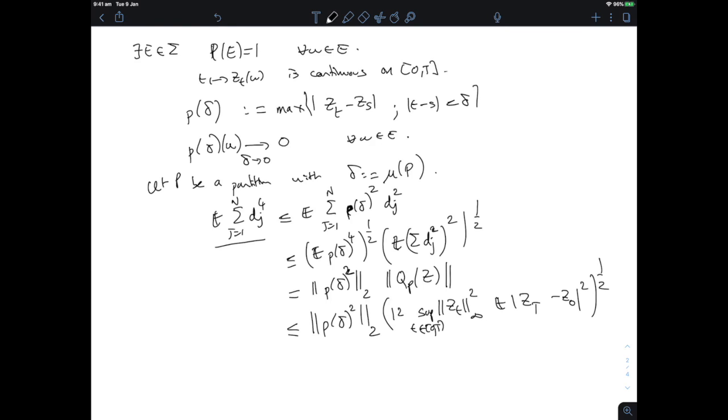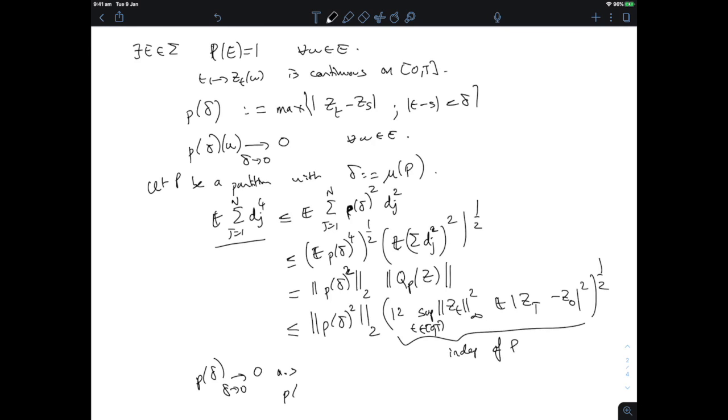This doesn't really matter because all of that is a number that is independent of the partition. So as you send the mesh size of the partition to 0, P delta goes to 0, almost surely.